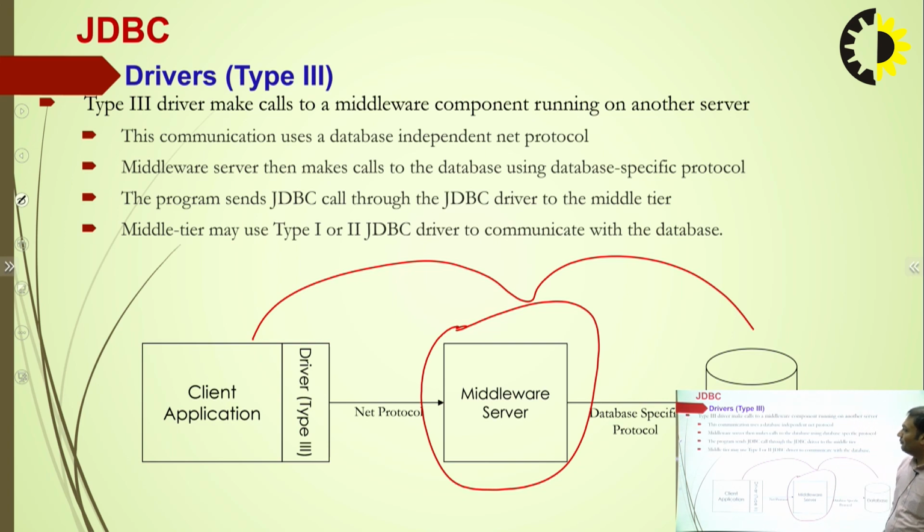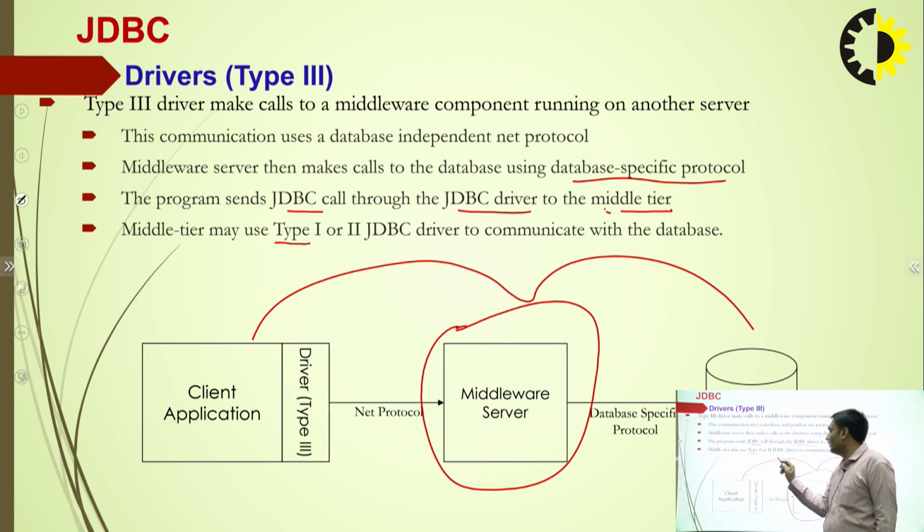The middleware server then makes calls to the database using a database specific protocol, and the program sends JDBC calls through the JDBC driver to the middle tier. And this middle tier may use any type of driver, whether it is type 1 driver or type 2 driver, to communicate with the database.